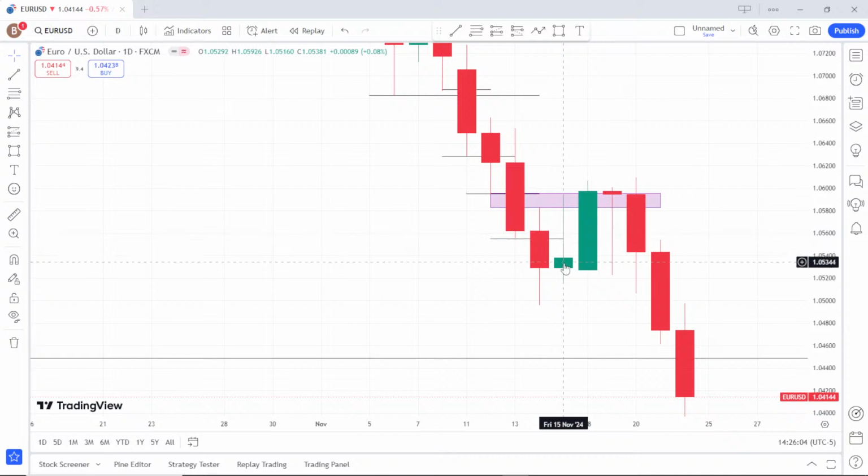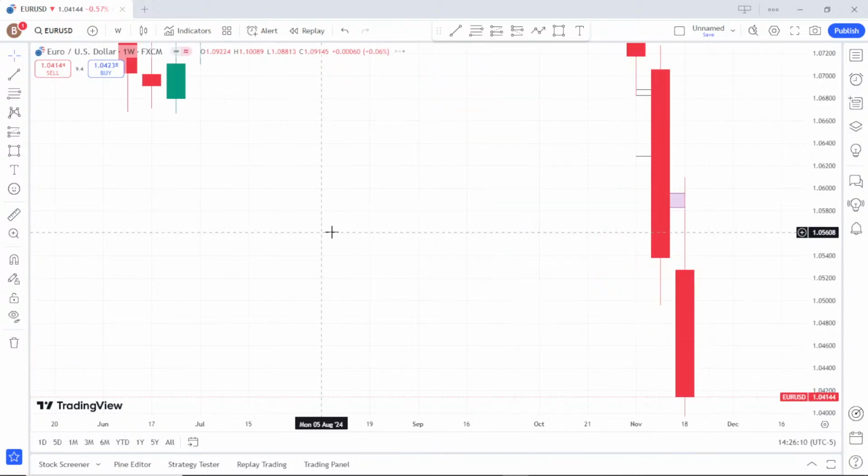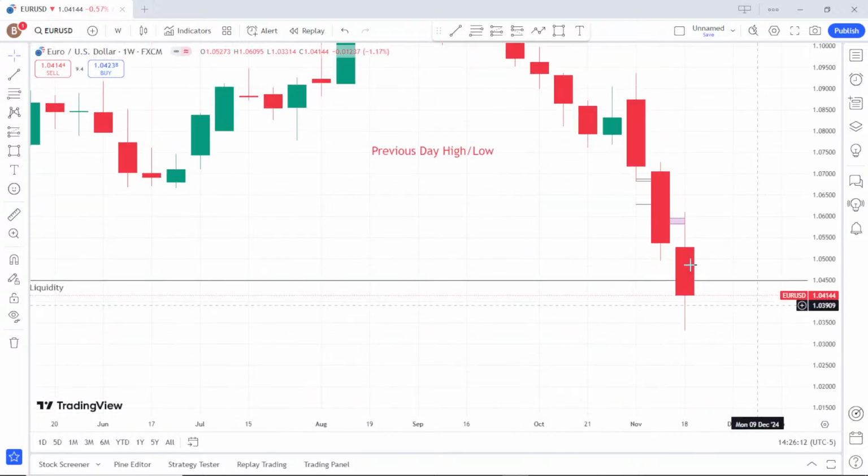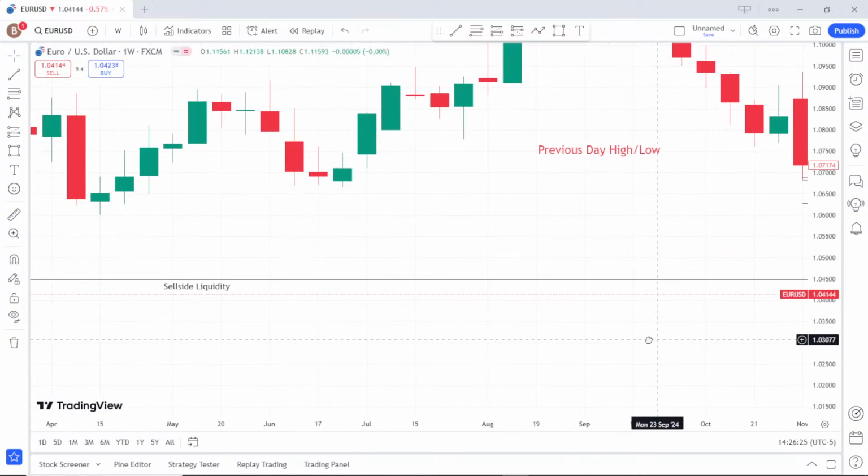And mind you, after the market closed on Friday, you go back to your weekly chart again, and for the next week, that's this concluded trading week, we are still not yet at the liquidity point, the sell side liquidity point here.